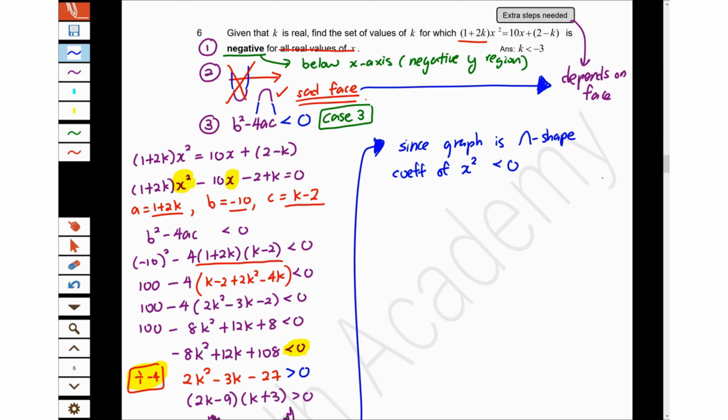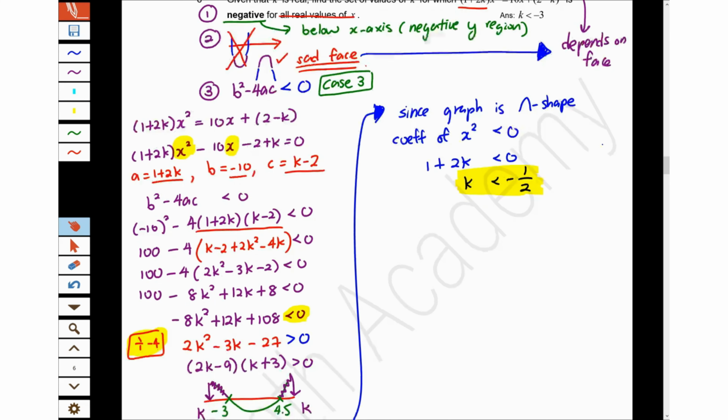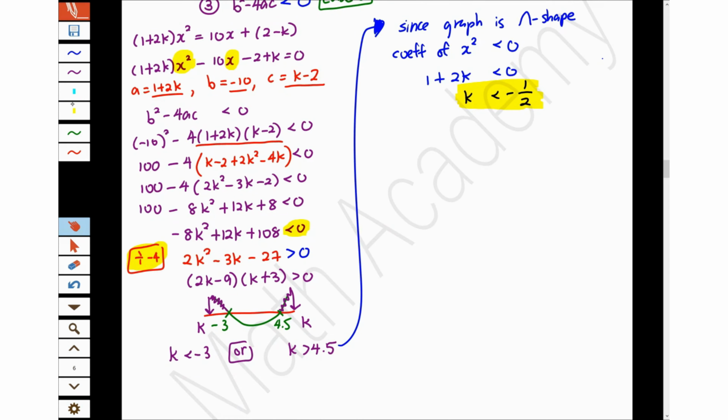And the coefficient of x squared is now 1 plus 2k. Solving 1 plus 2k less than 0, k must be less than -half. So this is the extra steps answer. And the main answers will basically be k less than -3 and k more than 4.5.